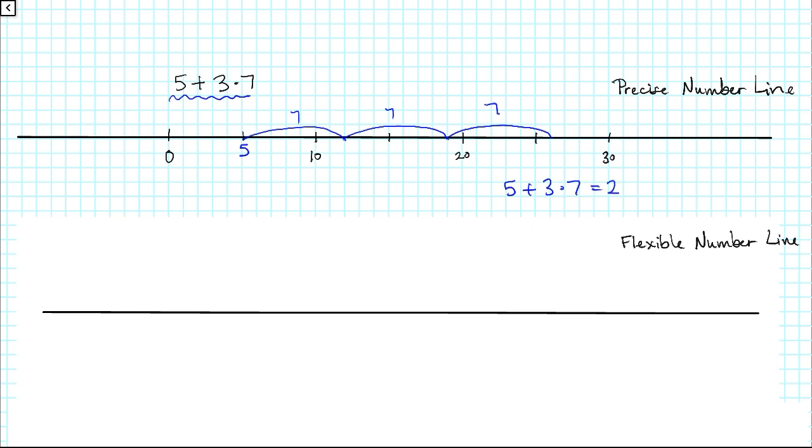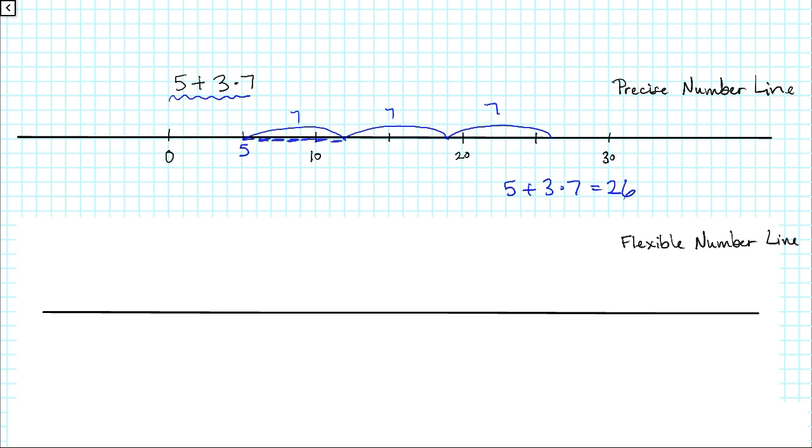is 26. Now on a flexible number line, I'm going to do exactly the same picture, but I'm not going to worry about making sure that I have this precision. Whereas in this precise number line, I'm using the grid in order to make sure that I actually represent each distance accurately.